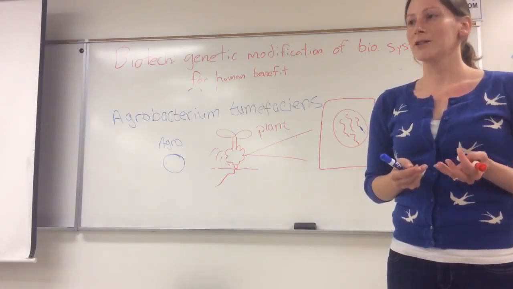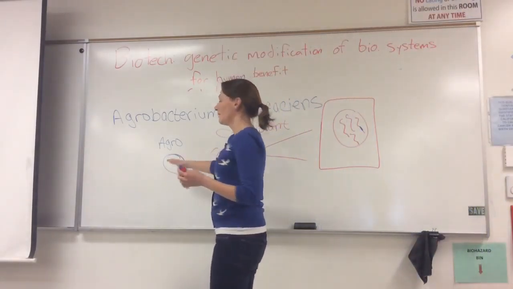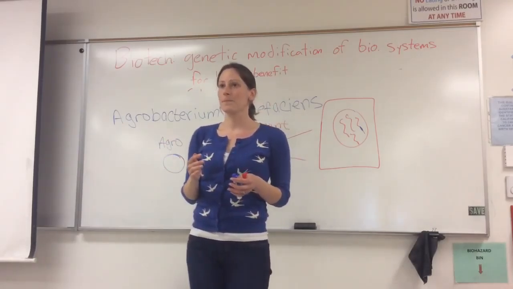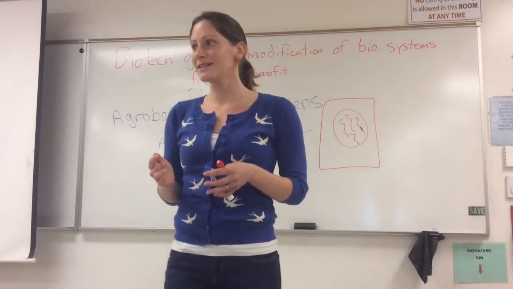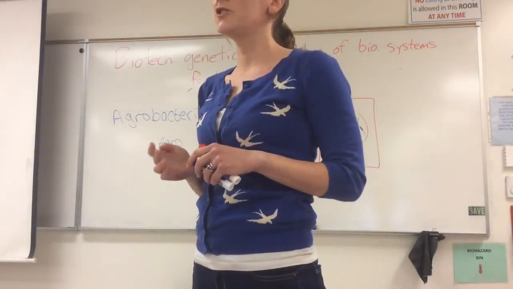So these agrobacterium have figured out a way to get some of their DNA out of their cells, into plant cells, into the plant nucleus, and into the genome of the plants.